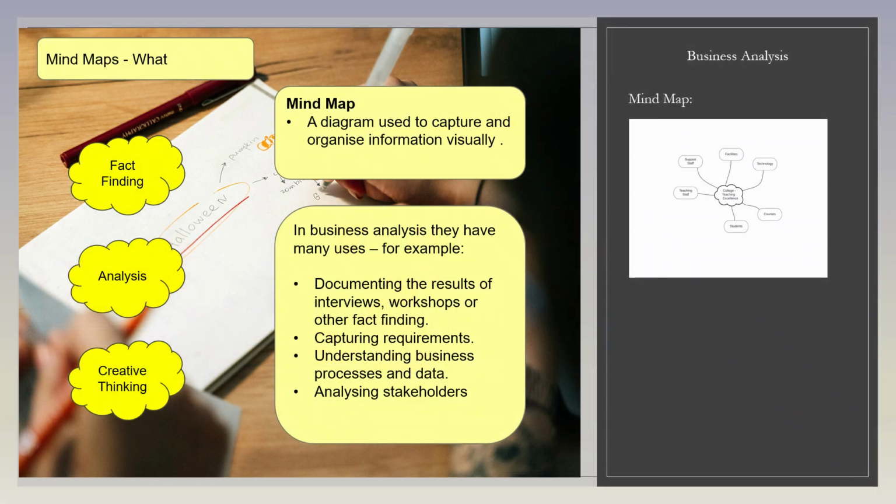A mind map is a diagram that you can use to capture and organise information visually, and they have a wide range of uses in business analysis, within fact-finding, requirements analysis, and sometimes creative thinking.